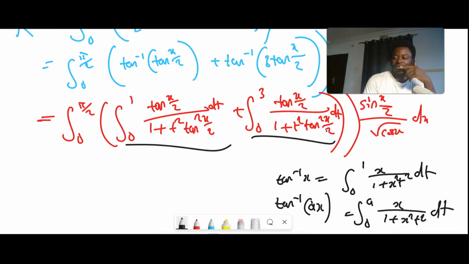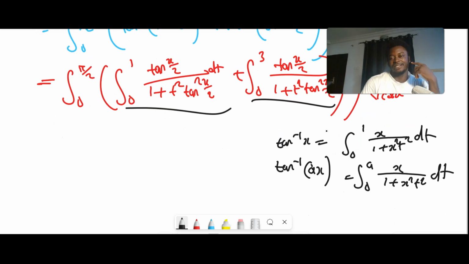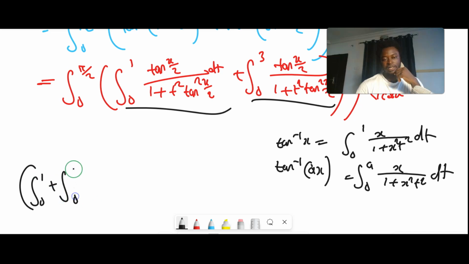So now we can proceed and write this as what? We can switch the order of integration now and just write this as the integral from 0 to 1 plus the integral from 0 to 3.